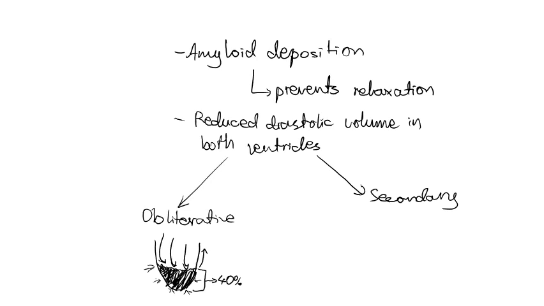The condition is the same in that there is a hampering in the relaxation of the myocardial cells, but the causes are related to metabolic conditions such as hemochromatosis. Other conditions such as sarcoidosis can cause it.